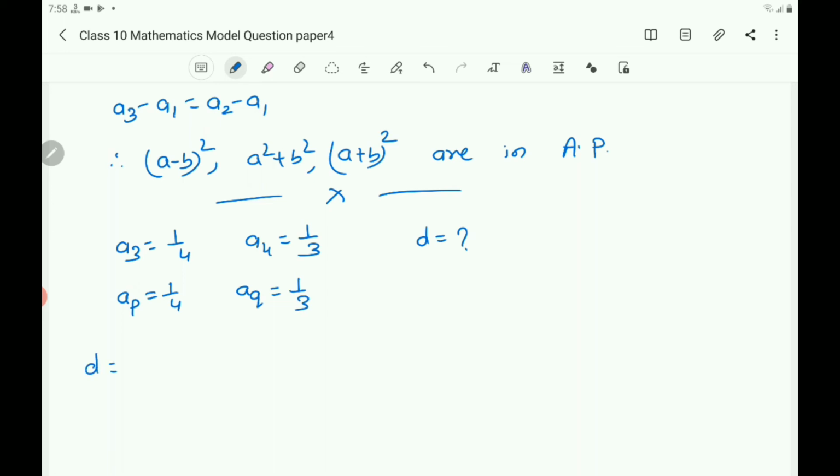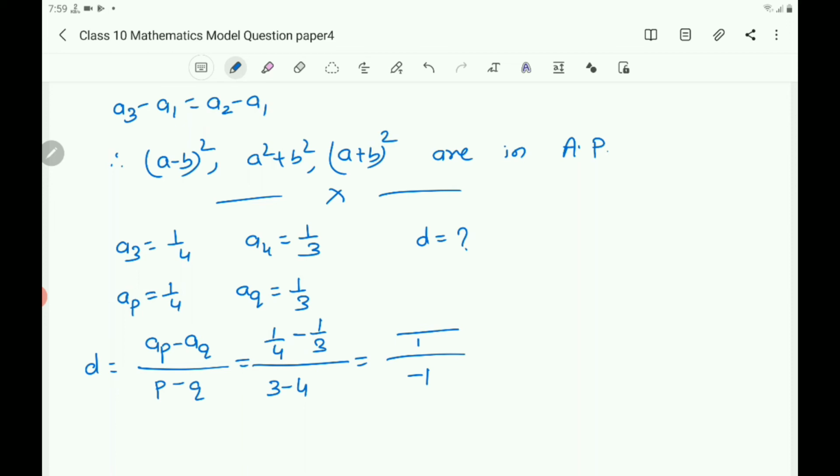Then D is equals to (AP minus AQ) by (P minus Q). AP is 1 by 4 minus 1 by 3, divided by P is 3, Q is 4, so that is 3 minus 4. 3 minus 4 is minus 1, and you take the LCM, LCM is 12.